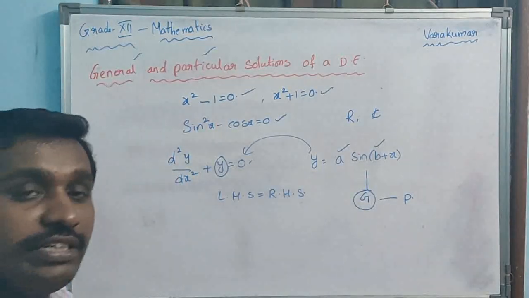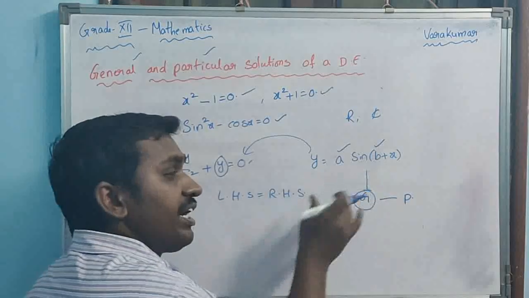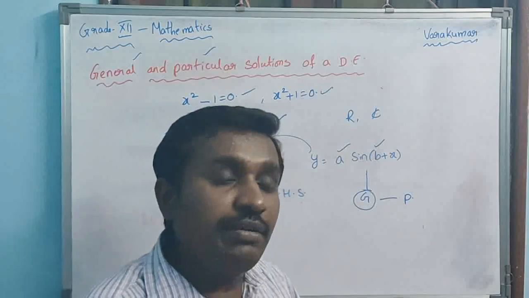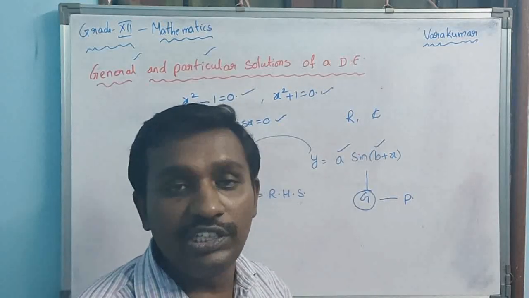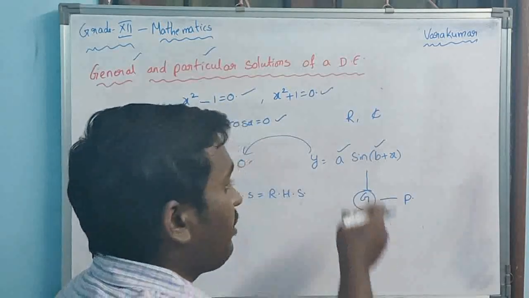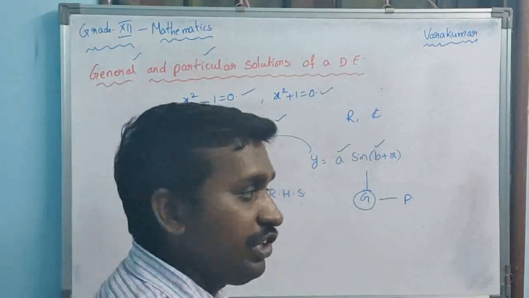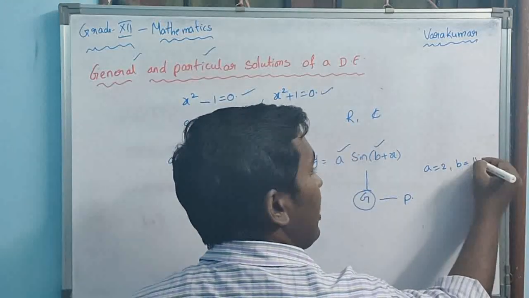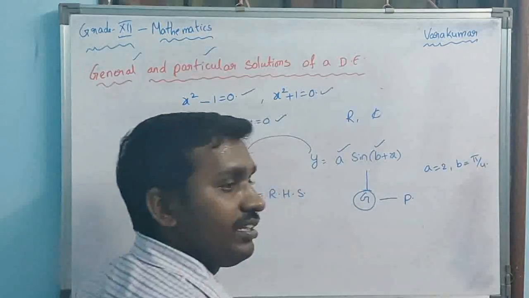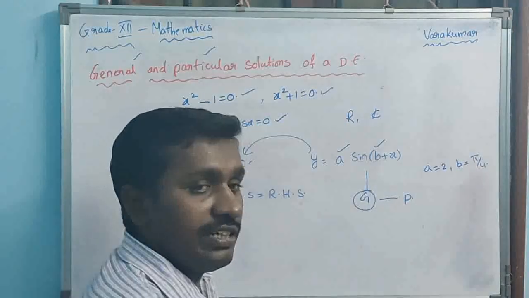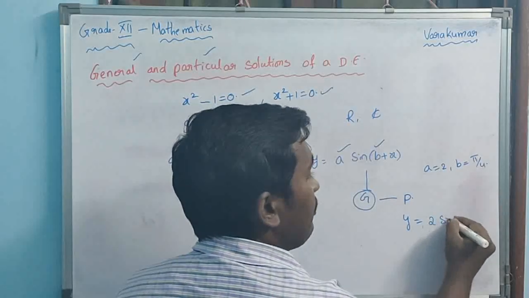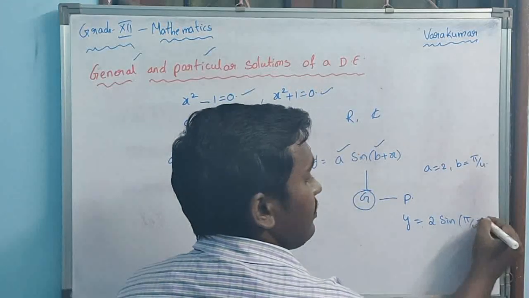General solution. When you first get the equation and its solution, it will definitely be the general solution, because you can write anything for the values of A and B. Suppose you know the value of A is 2 and B is some angle, pi by 4. That means no arbitrary constant, so y is equal to 2 into sine of pi by 4 plus x.